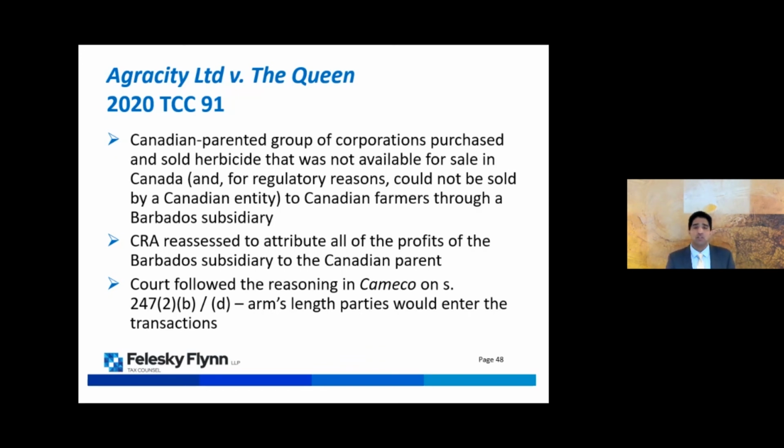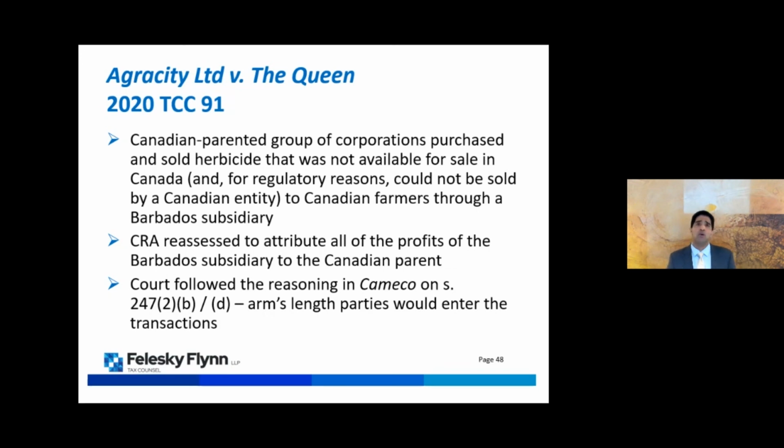And the tax court looked at that, Justice Boyle, and said, no, it doesn't apply. Again, following the reasoning in Cameco that arm's length parties would enter into that transaction at the right price. So the recharacterization rule cannot apply as a result. So both Cameco and Agri-City kind of agree.